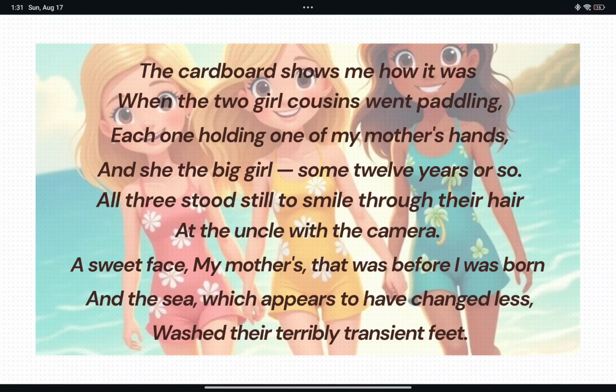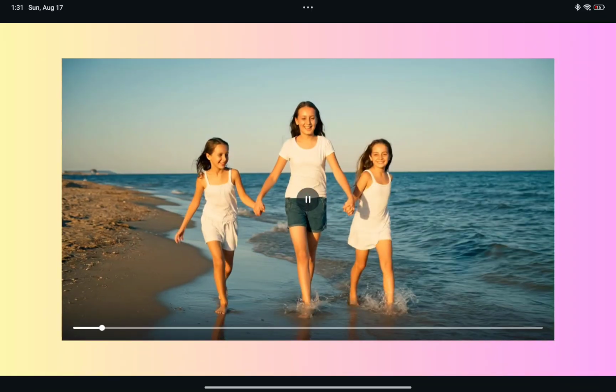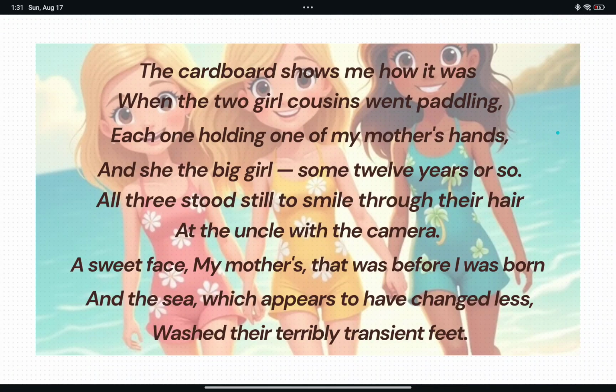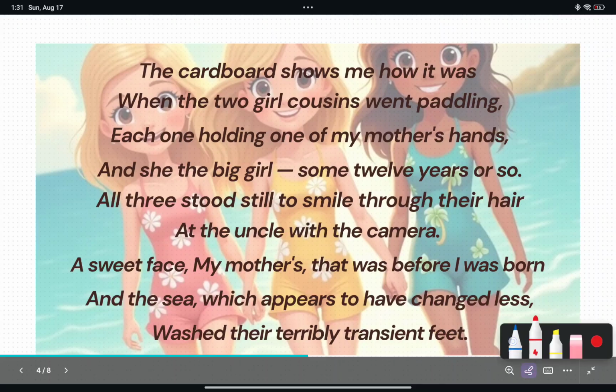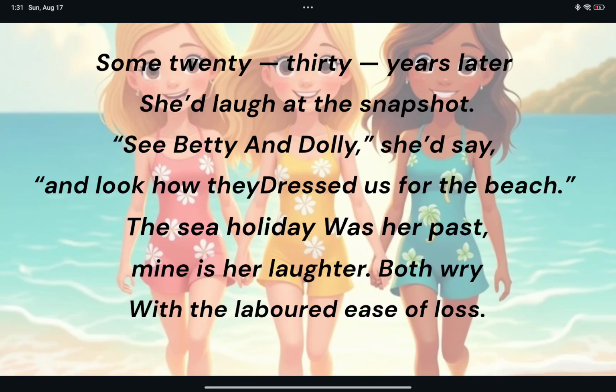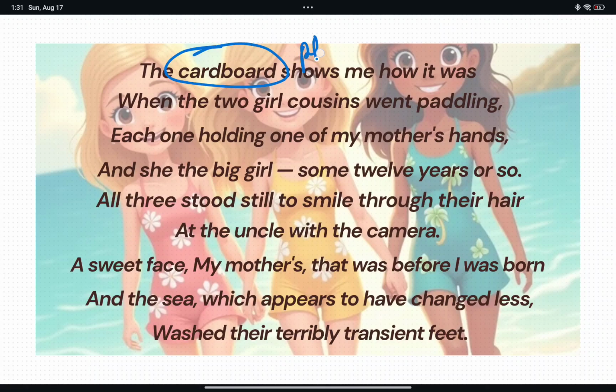So it says, the cardboard shows me how it was when the two girl cousins went paddling. When the poet says the cardboard here, it means the photograph.